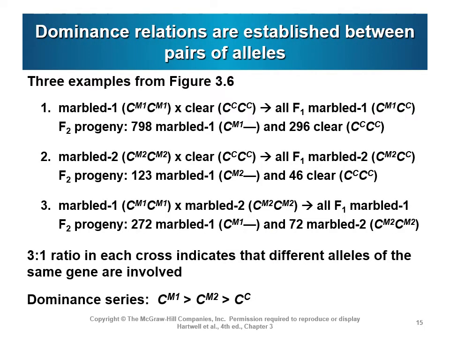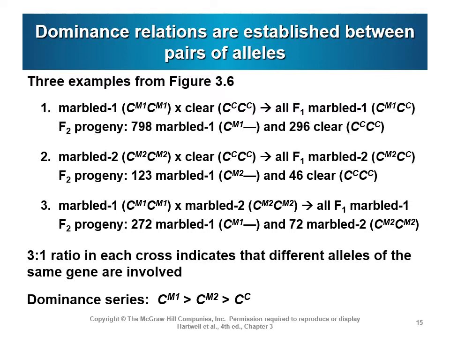Let's look at 3 examples from the previous slide. First one, crossing marbled 1, CM1 CM1, with clear, CC CC, will yield all F1 marbled 1, CM1 CC.